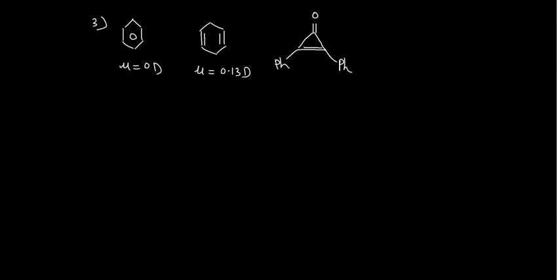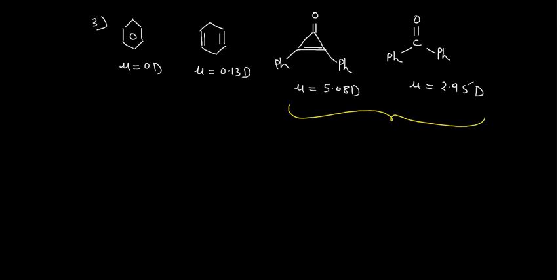And the last species you have is the ketone, basically benzophenone. This species has 5.08 Debye dipole moment, which is very, very high, and this one has 2.95 Debye. So this question is related to these species, and you can answer very easily.